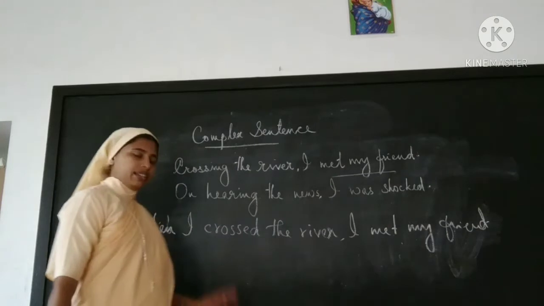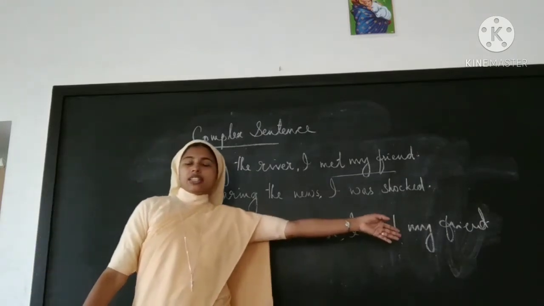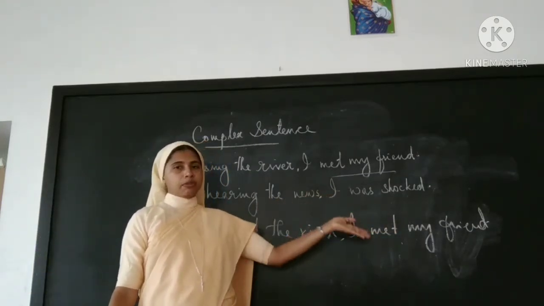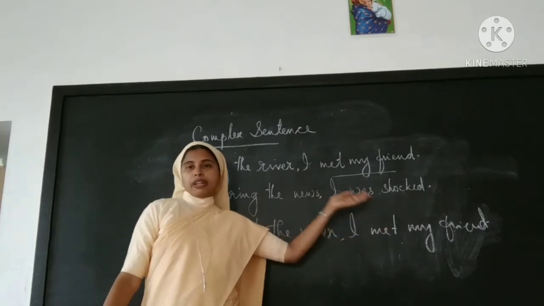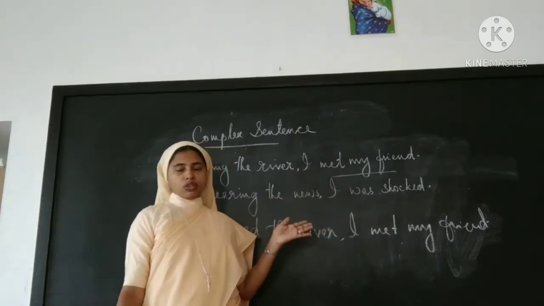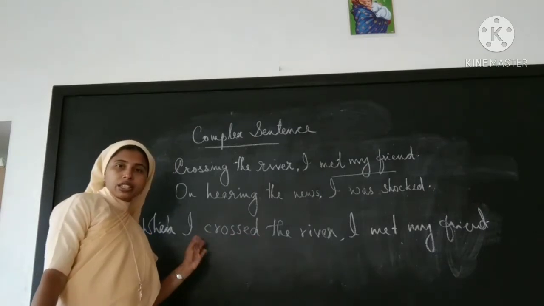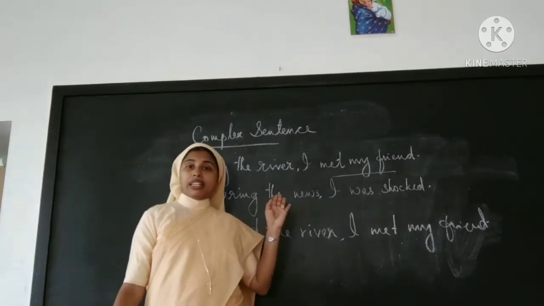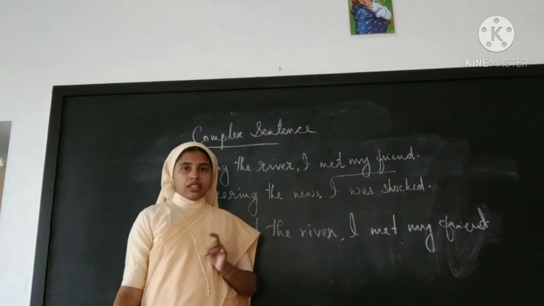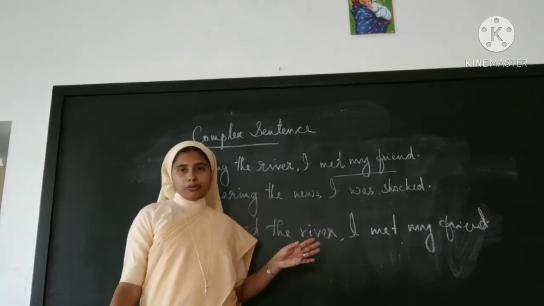This is one clause, this is another clause, and which is the main clause here? I met my friend, that is the main clause. And this is the subordinate clause or dependent clause, because in when I crossed the river, the meaning is not complete. We get only incomplete meaning there.